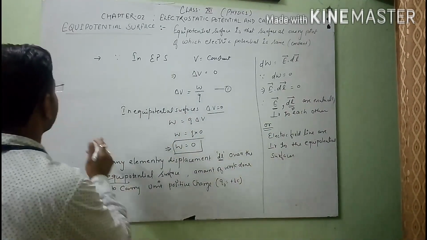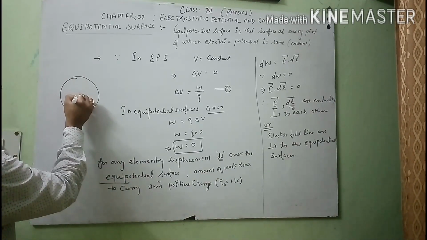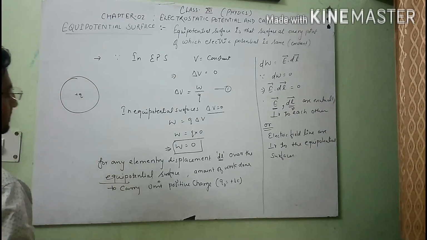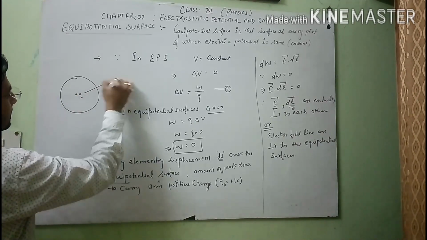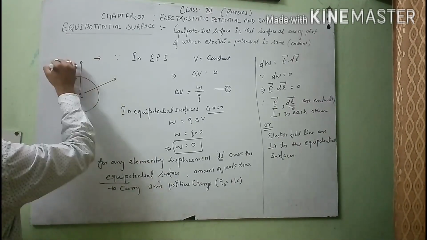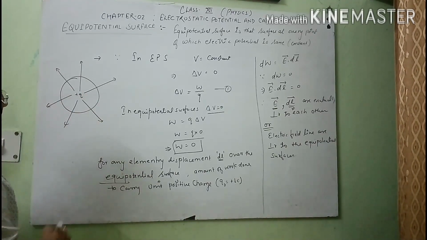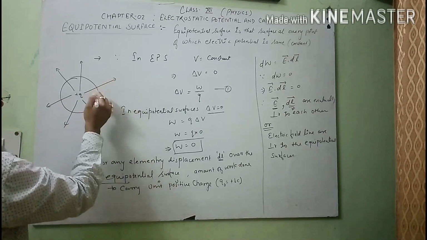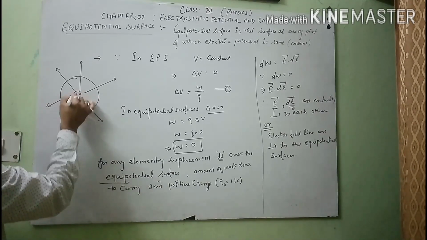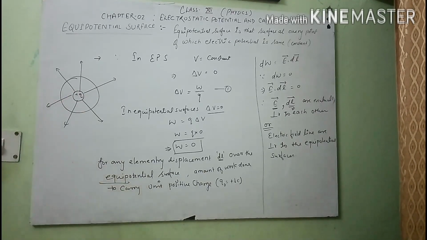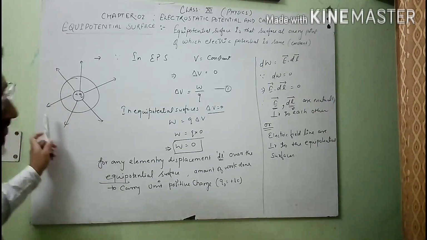If I give you a charge plus Q, for any charge configuration, this is the direction of the electric field outside the charge. This electric field is normal to the equipotential surface for any charge configuration. This point is clear or not, student?